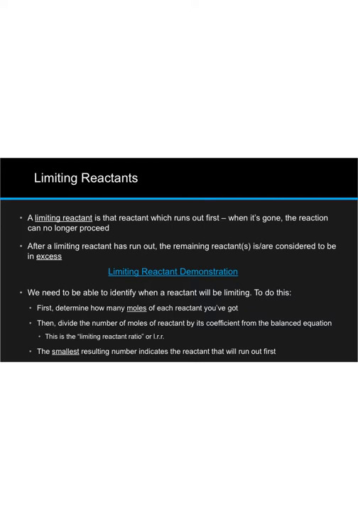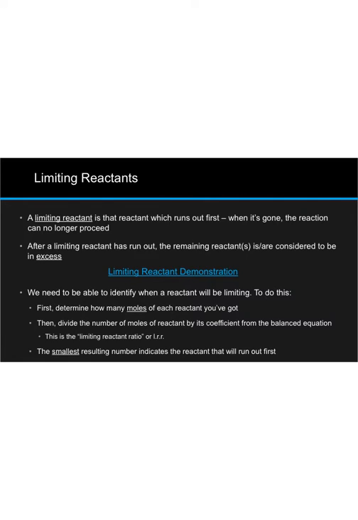To be able to identify a reactant that's going to be limiting, we need to identify the thing that's present in fewer moles overall. You can watch a demonstration in a video linked in your PowerPoint slides. But what we'll say is that in the last example on the previous slide, chlorine was the limiting reactant because it was present in a smaller relative mole quantity.